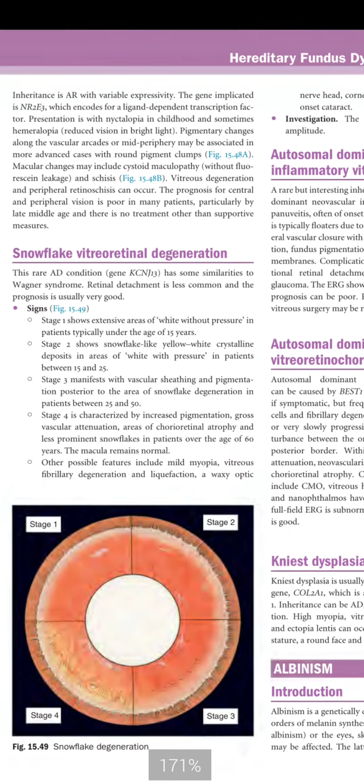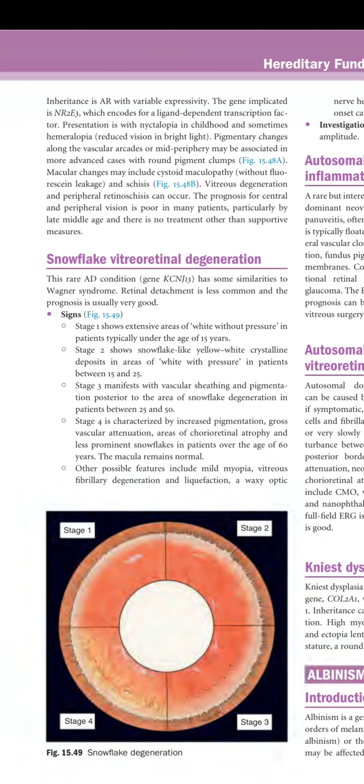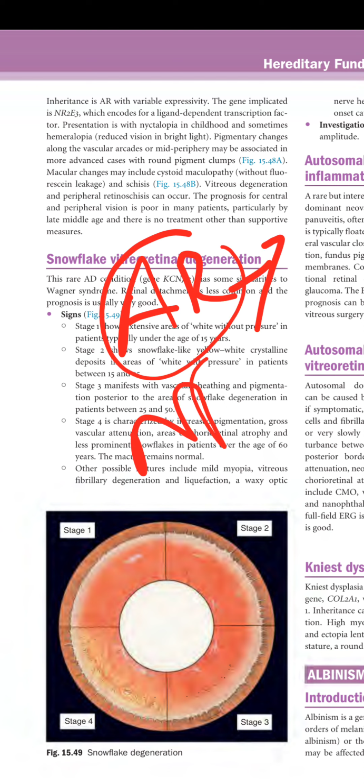Inheritance is autosomal recessive with variable expressivity. The gene implicated is NR2E3, which encodes a ligand-dependent transcription factor.